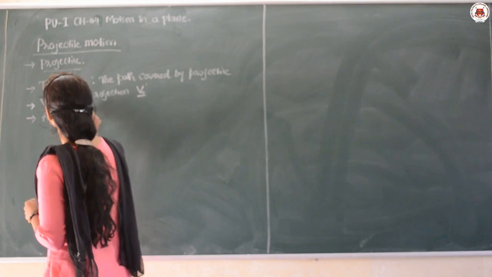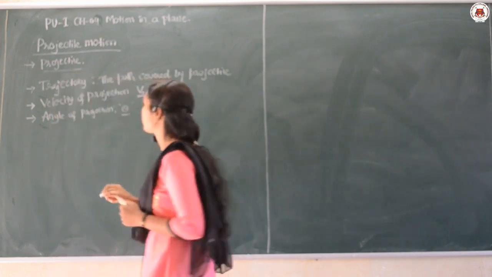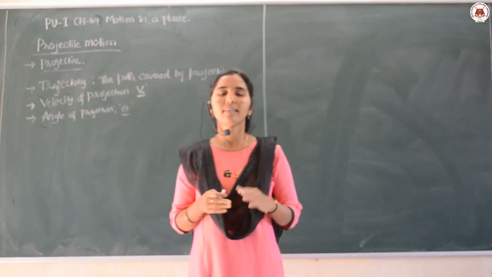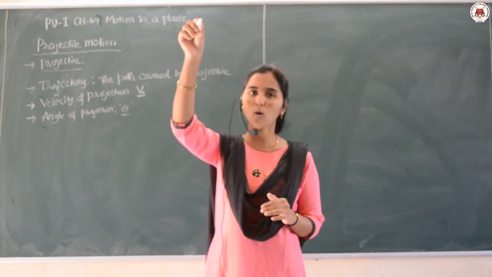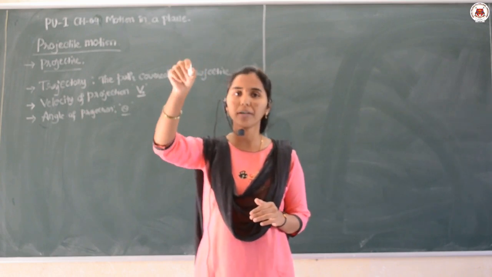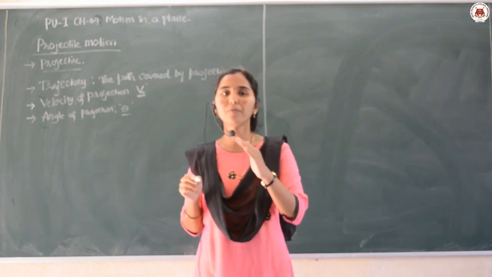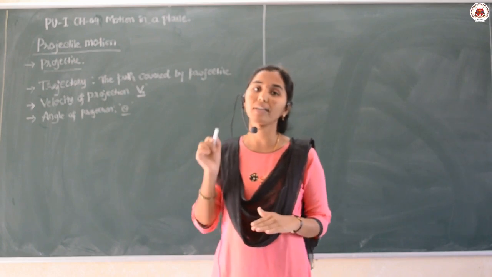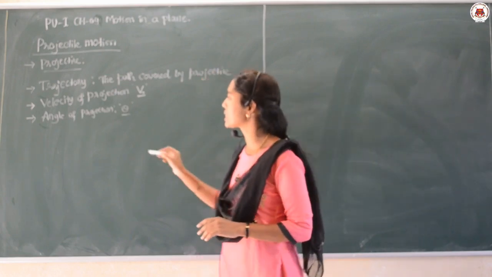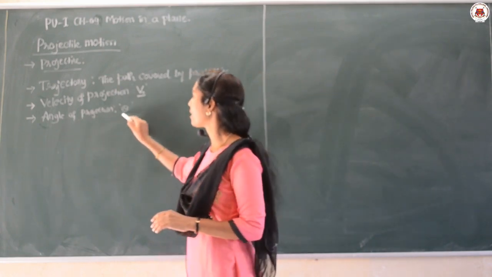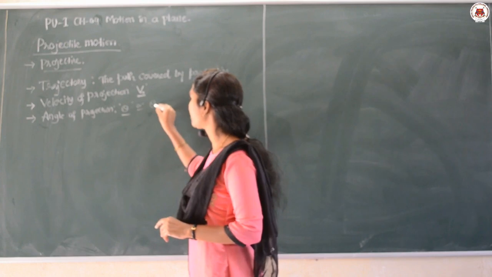Angle of projection. Theta is equal to the angle of projection. Theta means the angle made by the projectile with the horizontal when it is thrown upward. Before it hits the horizontal or the earth surface, there is one angle between the direction of projection and the horizontal, that is called the angle of projection, and it can be represented by theta, or in some texts theta naught.